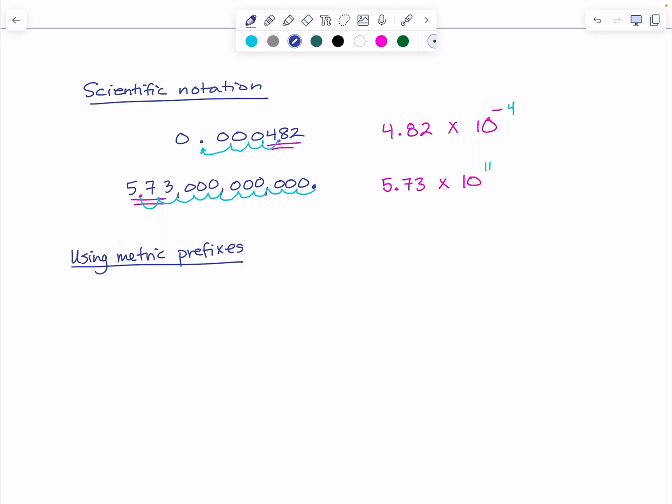So let's just say that for this number it's grams, and this unit is liters. All right, and so instead of saying 5.73 times 10 to the 11th liters, I want to use a prefix to replace the times 10 to the 11th. Well, if we go back to our prefixes, if I can find our prefixes.